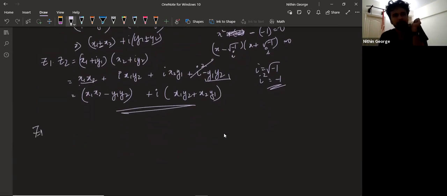Next, when you divide, what happens? How do you divide this and get a complex number in the form a plus ib? How do you divide this?